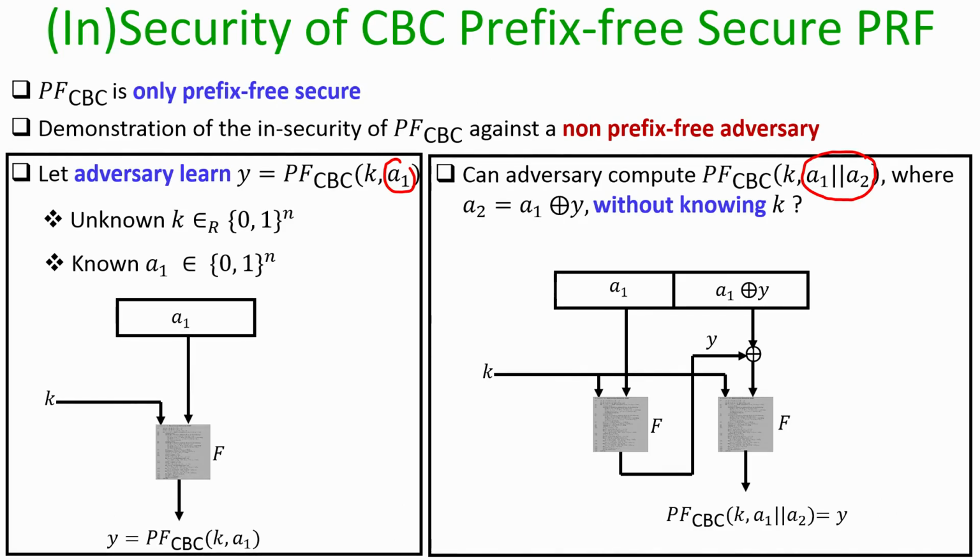But the definition of a prefix-free secure PRF is that it is secure only against an adversary who cannot query for both A1 as well as the input sequence A1 comma A2. So, that is the basic intuition for why this chaining PRF is secure against a prefix-free adversary. If we do not put that restriction, then definitely it is distinguishable from a truly random function.